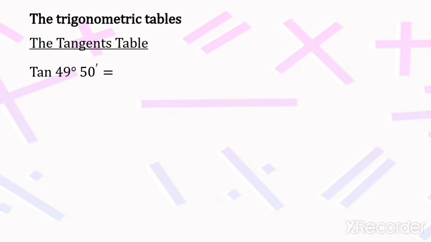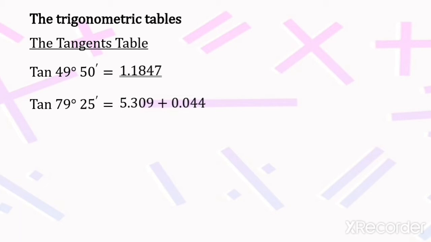So if you do remember how to check logarithms, then you can find this answer as 1.1847. Then to find tan 79 degrees 25 minutes, again you have to check in tan 79 20. Then from the mean difference you will be able to find 5 minutes. Then you have to add those two values.